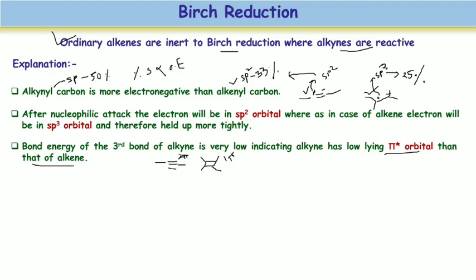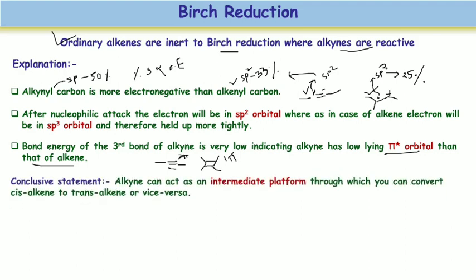As an alkyne has more pi bonds, you can expect that an alkyne will be electronically more rich, so it will not easily accept an electron. But the fact is that the bond energy of the third bond is extremely low. That probably indicates that the pi star LUMO energy of alkyne is much lower than pi star LUMO of a normal alkene like ethylene, right?